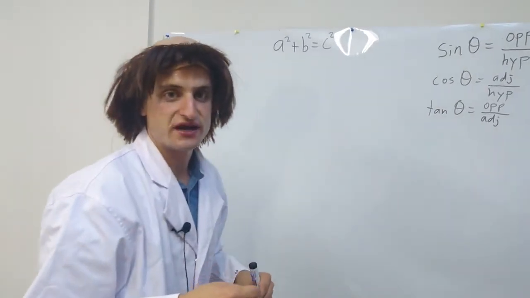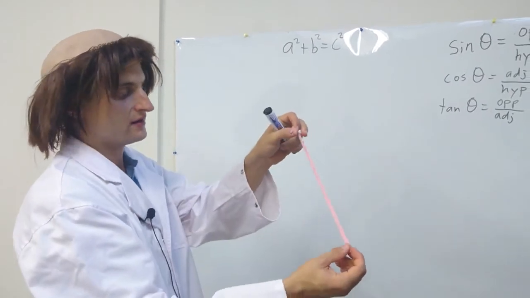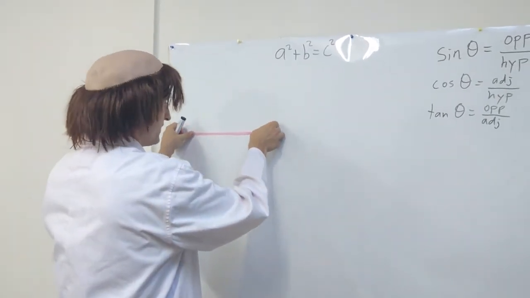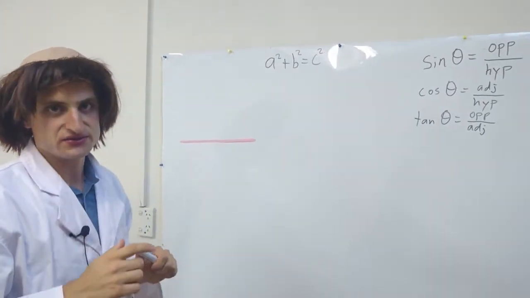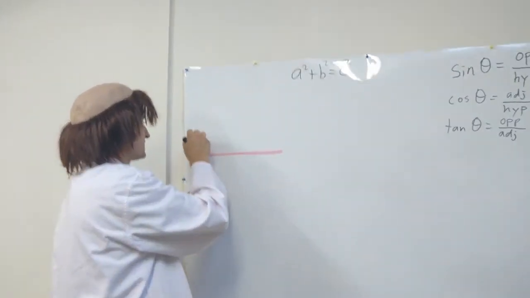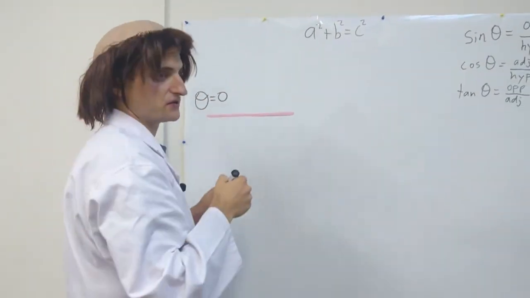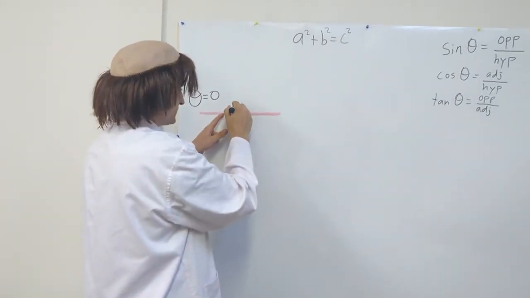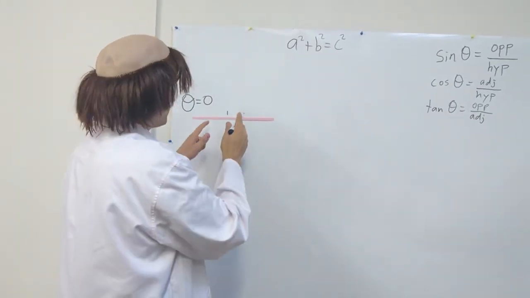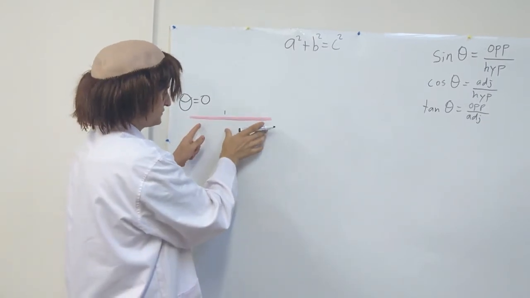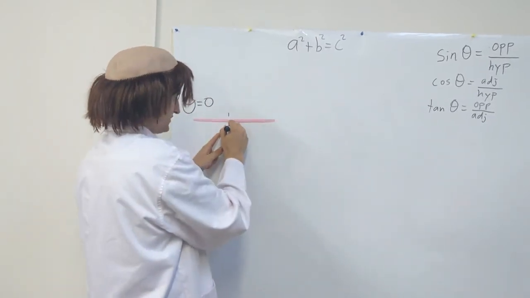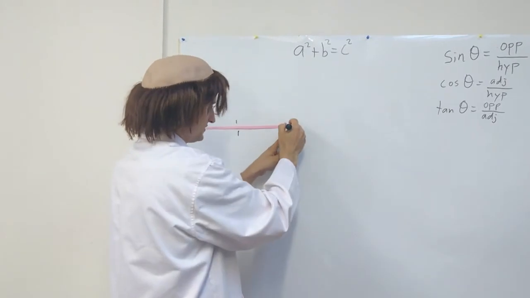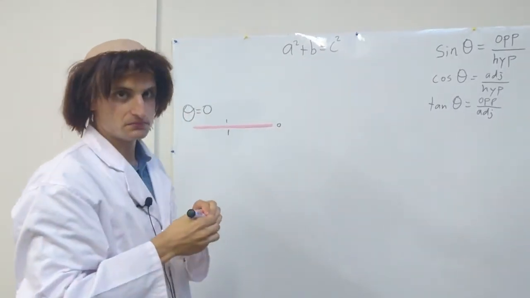The last right triangle we'll look at today is this one. Now I know this doesn't look like a triangle, but in this case, theta equals 0, and the hypotenuse is 1. Here what we have is the adjacent is 1, and the opposite is 0.